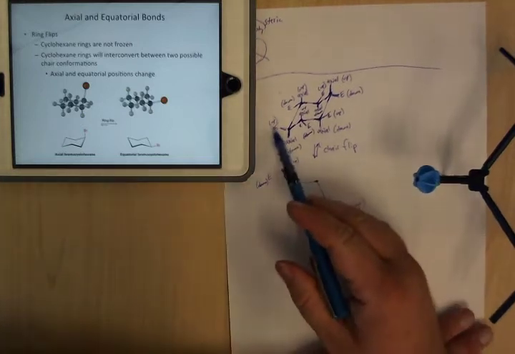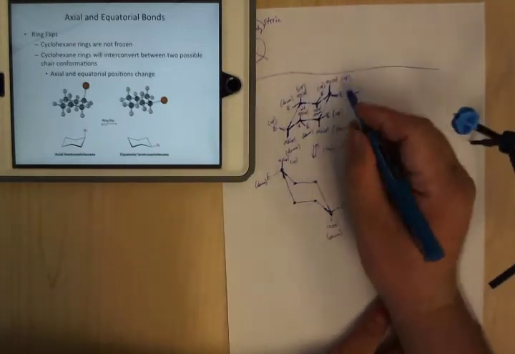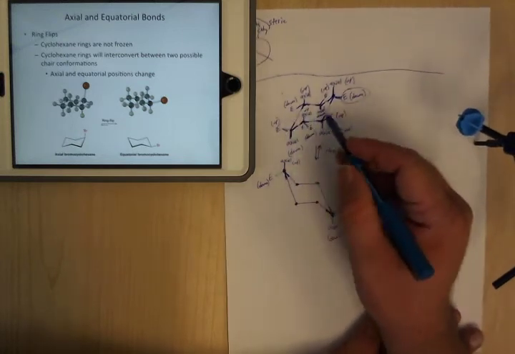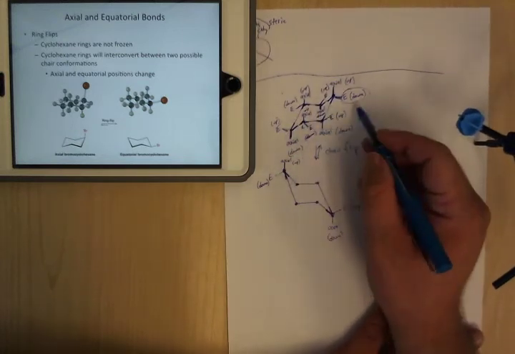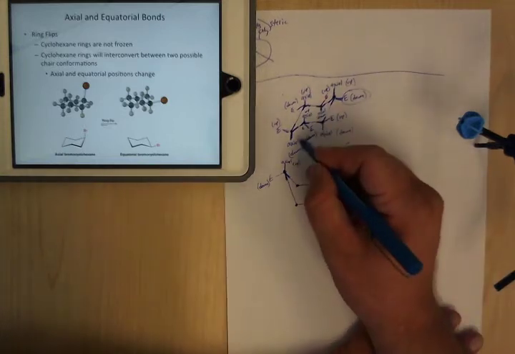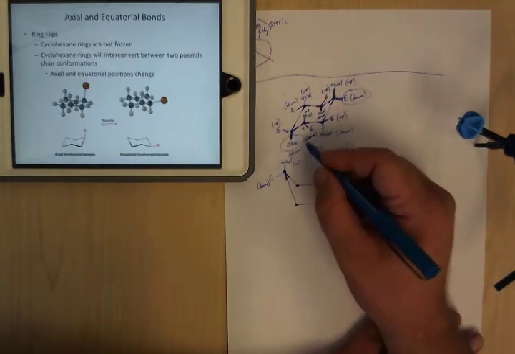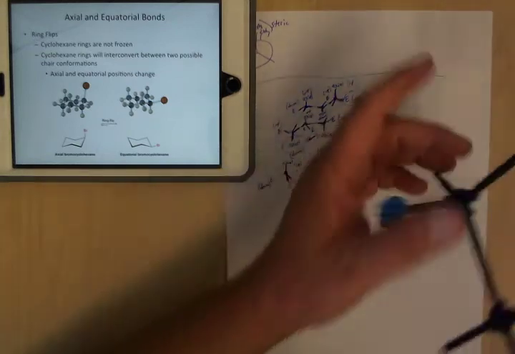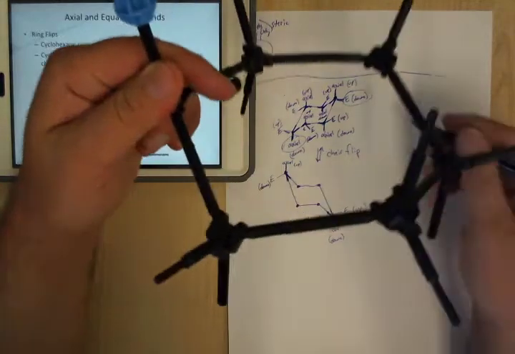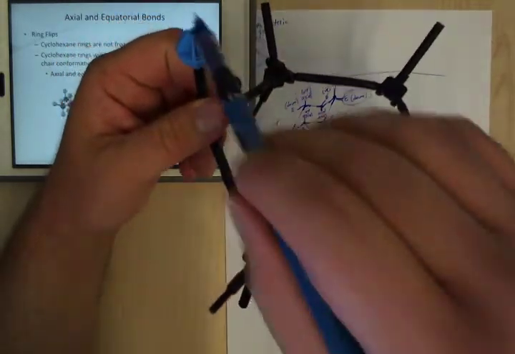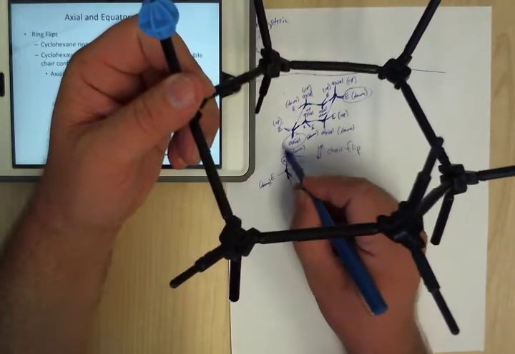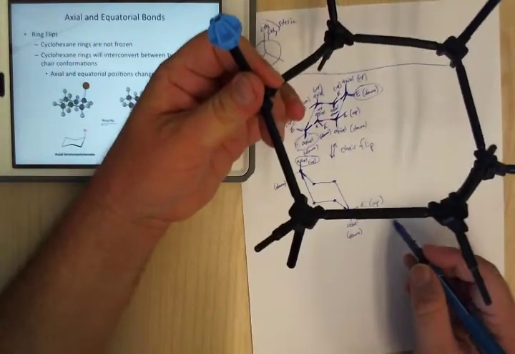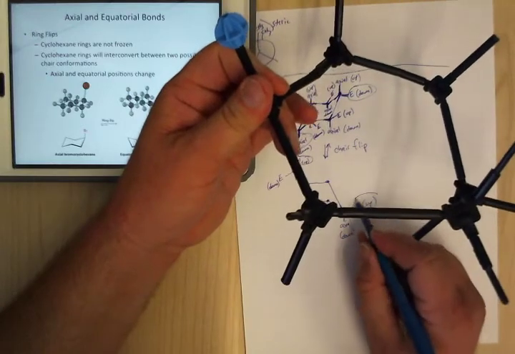So before, what did we have? We had it like this. Notice how the axial was up, and then the equatorial was down.